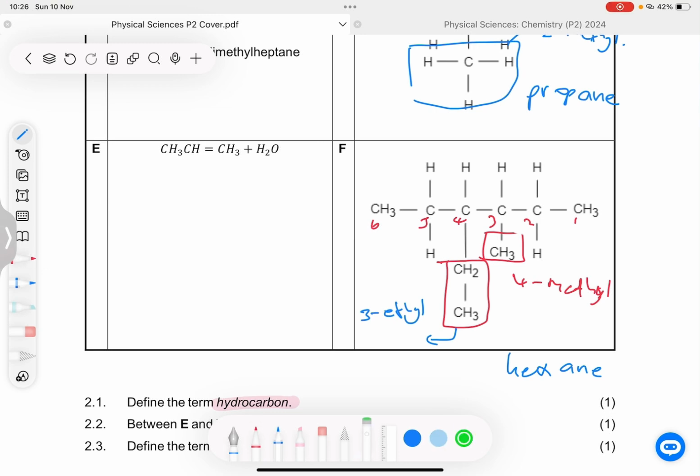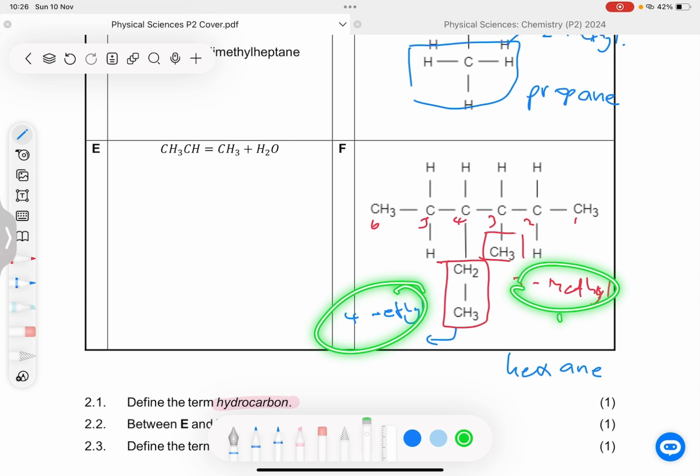Now in this case we will then have 1, 2, 3. Do you see now this here will change into a 3 instead? Because our methyl is on carbon 3 when we number from right to left. And this one here will then also change into a 4, because now it's on carbon 4.